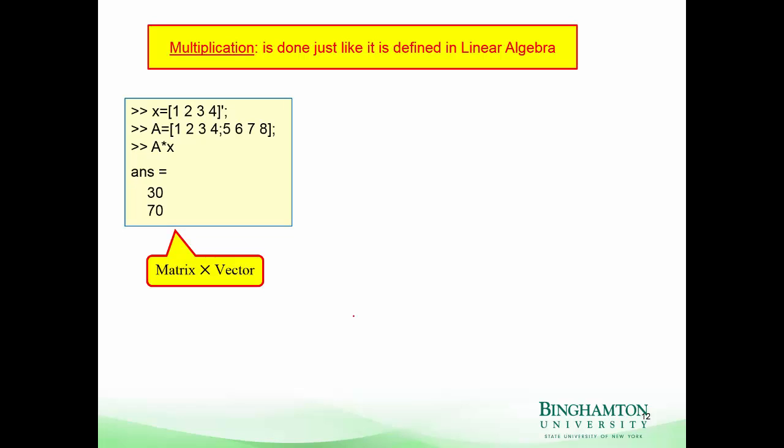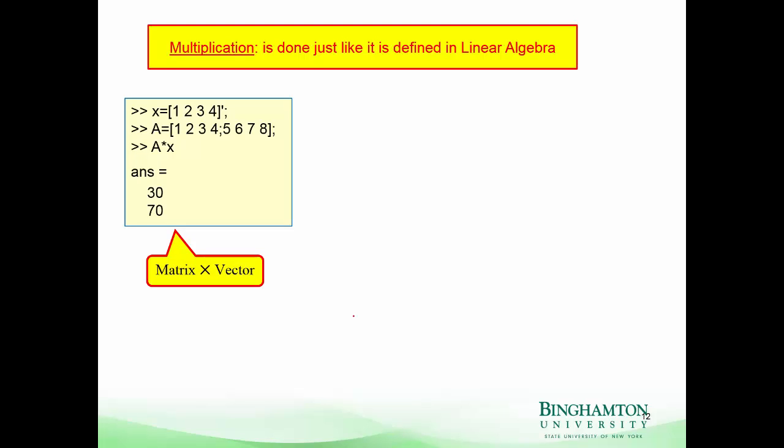Now, multiplication is not done element by element because that's not linear algebra. When we talked about multiplication of matrices and vectors, we had a bunch of different ways of visualizing it, but they were all equivalent. So there is a rule that says how to multiply in the linear algebra context.